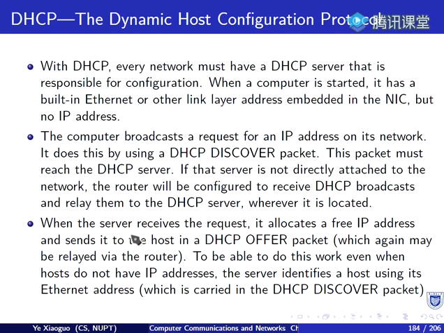When the server receives the request, it allocates a free IP address and sends it to the host in DHCP offer packets. To be able to do this work, even when hosts do not have IP addresses, the server identifies a host using its Ethernet address.